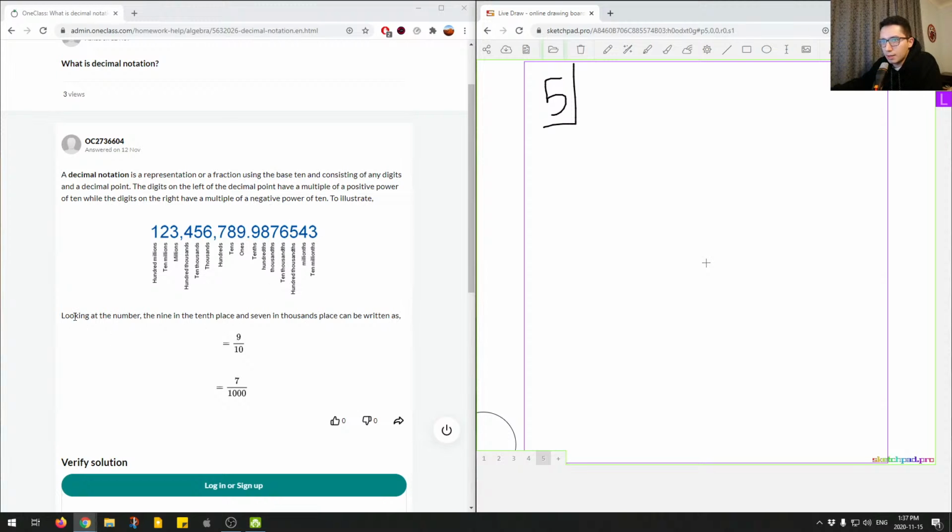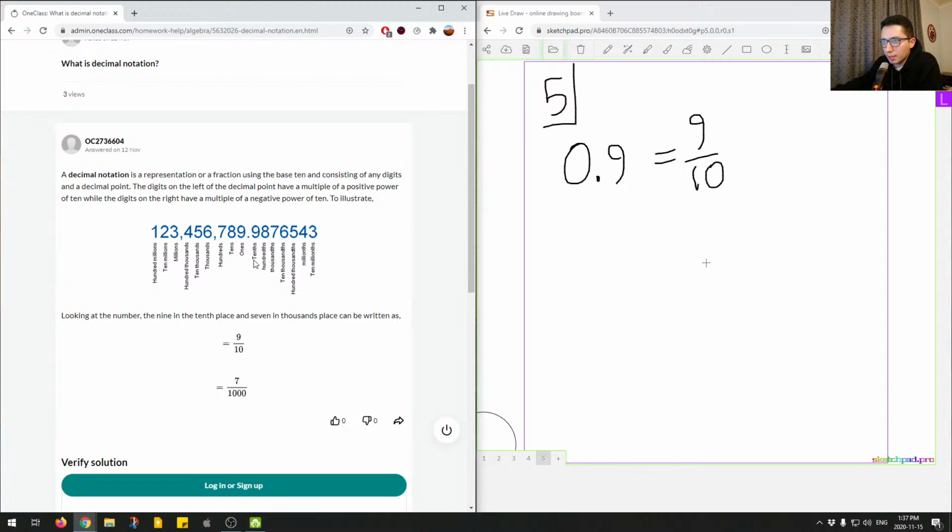So here they give some examples looking at the number, the 9 in the tenth place. So the tenth place is right here. We have the number 9. And the 7 in the thousandth place, so this 7 over here, can be written as follows. So what they're trying to say here is if we have something like 0.9, we can write this as 9 divided by 10.